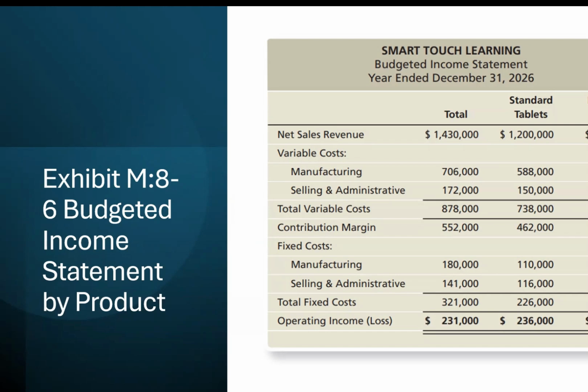However, if the product has a positive contribution margin, it contributes to covering some of the company's fixed costs. In Smart Touch Learning's case, the premium tablets provide a positive contribution margin of $90,000. Here it is right here. Therefore, the managers of Smart Touch Learning need to further analyze the fixed costs before they make a decision.